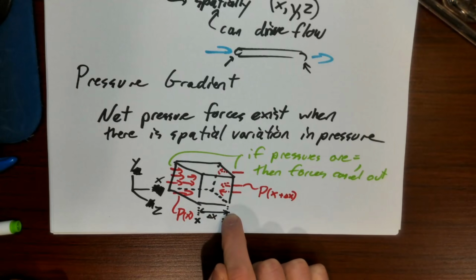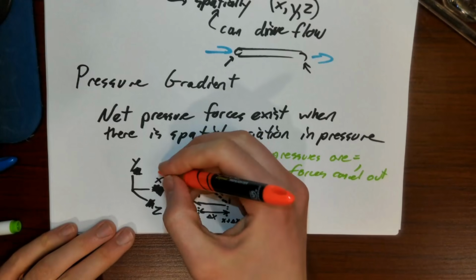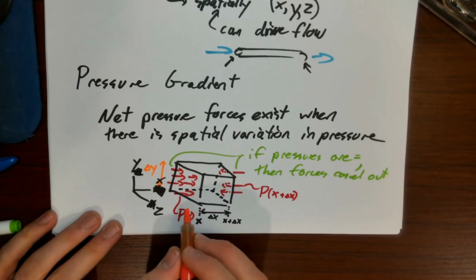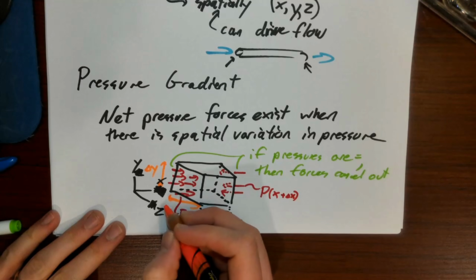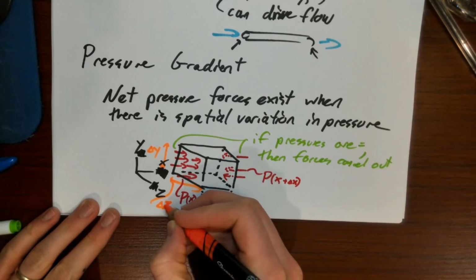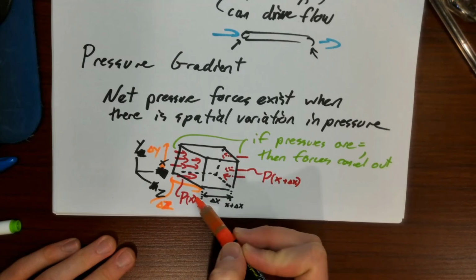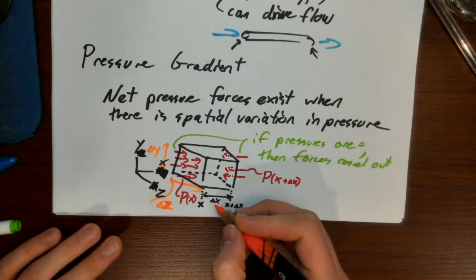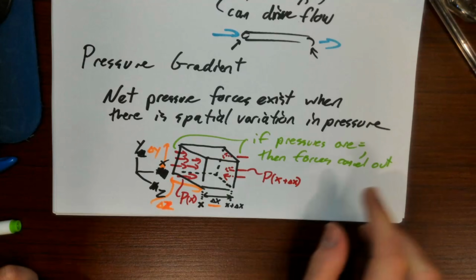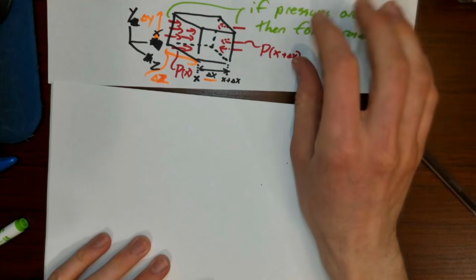Let's say it's delta X in this dimension, and then let's say it has a dimension delta Y in this dimension, and let's say the chunk has a delta Z in this dimension, right? So this is a block. Its dimensions are delta X, delta Y, and delta Z. So let's see if we can work out what the net force is on this chunk.